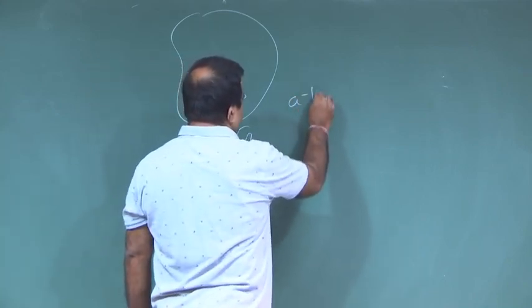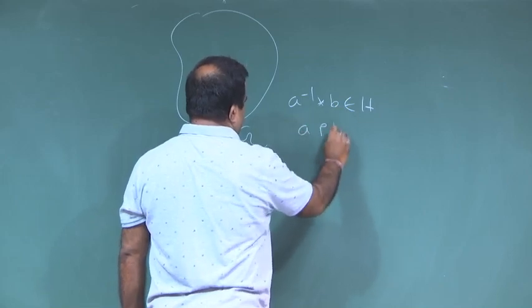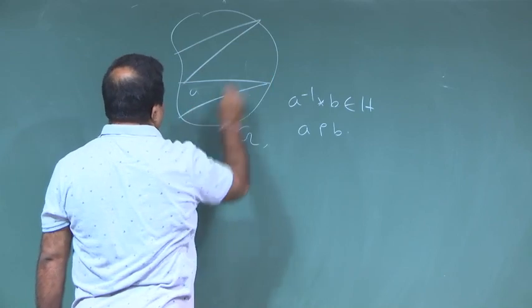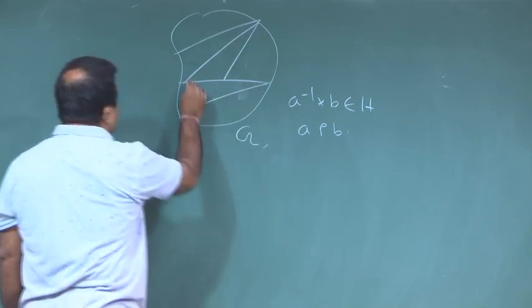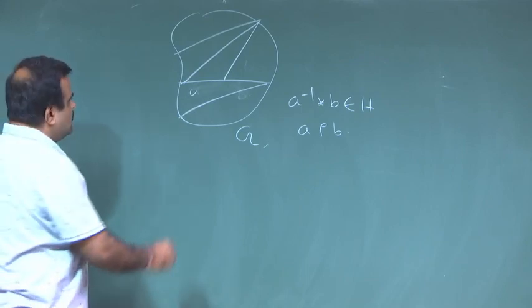That means, if this belongs to H, then we say they are related. So, they will form a partition on this G. We know every equivalence relation forms a partition, and those parts are called equivalence classes.